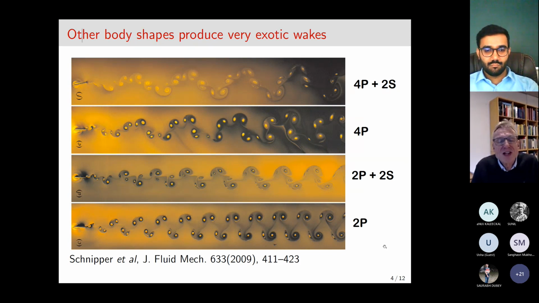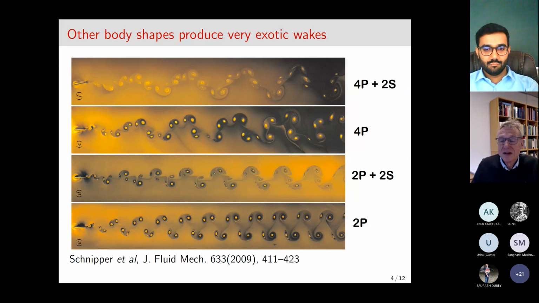So there's been an interest to understand these exotic wakes and how they merge into one another, how they change as you change the parameters of the problem. So that's what I'm going to study.